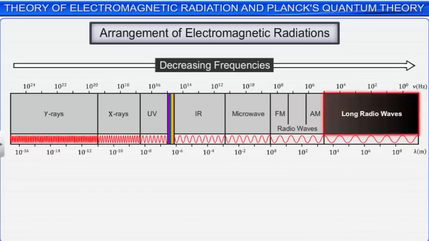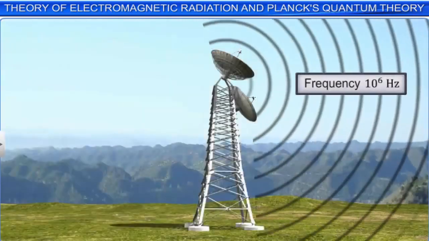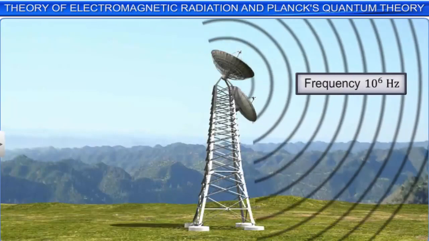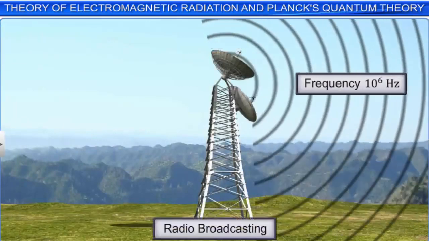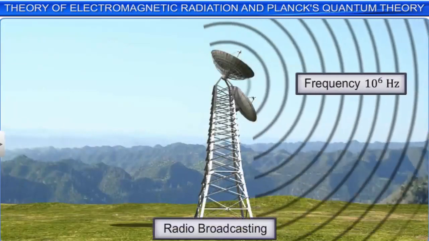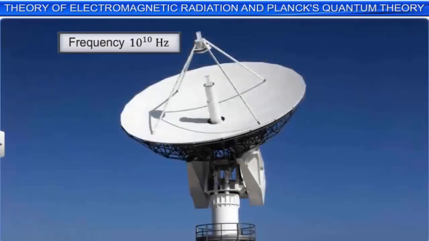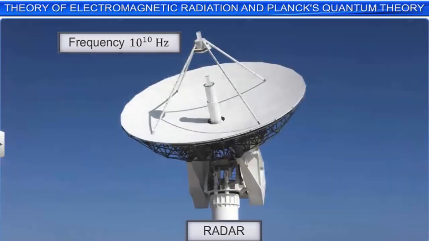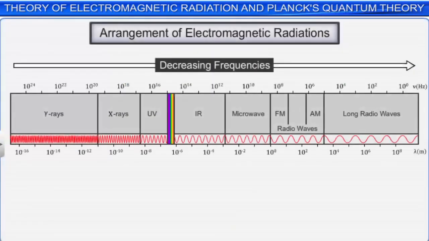Radio frequency region around 10 to the power 6 Hz is used for broadcasting. Microwave region around 10 to the power 10 Hz is used for radar. Two other kinds of electromagnetic waves are X-rays and gamma rays.